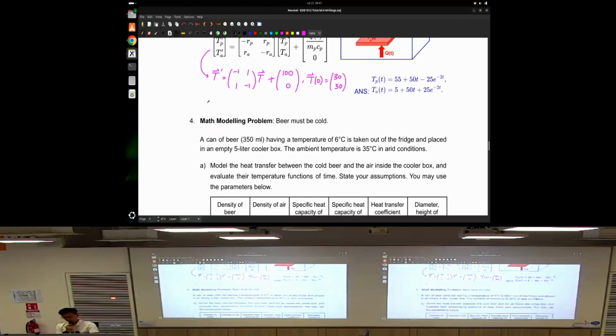So the next one, mathematical modeling problem. Okay, so beer must be cold. Yes, of course. If it's not cold, not nice. But there's a study recently that no amount of alcohol is actually safe for your body, reported by I think the World Health Organization, WHO.